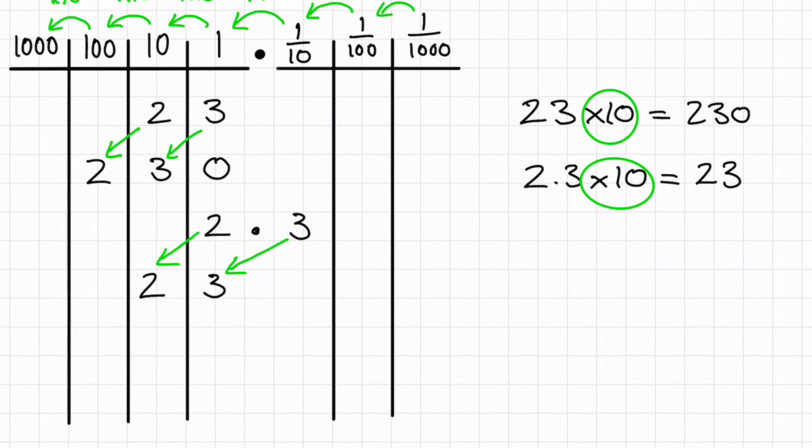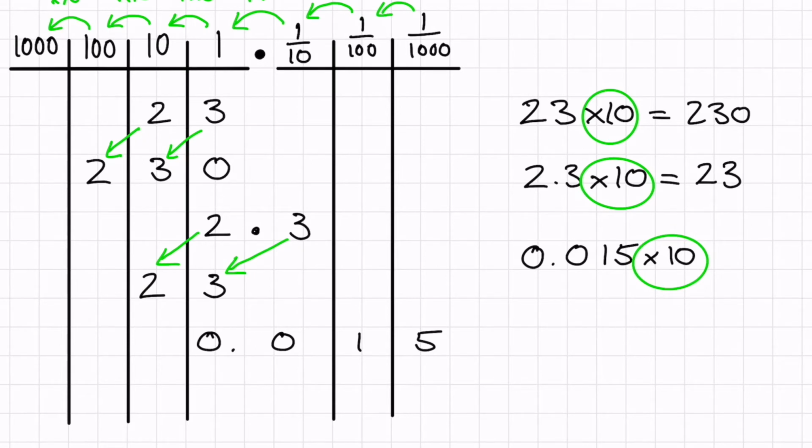If I had 0.015 multiplied by 10, well, let's write the 0.015 down. We're multiplying by 10.